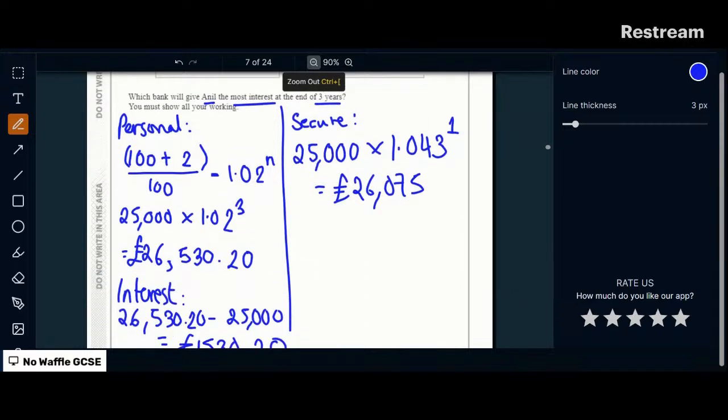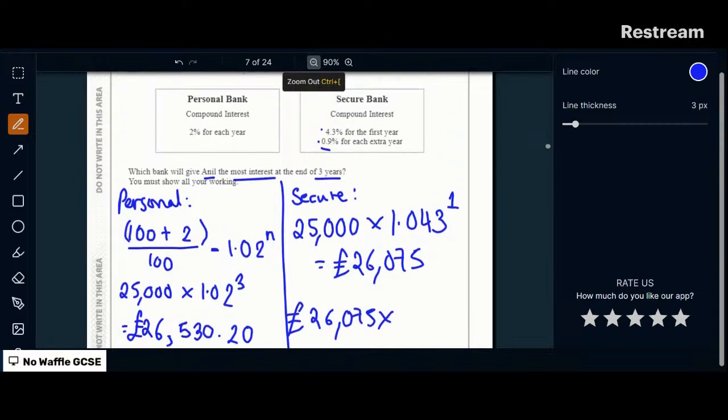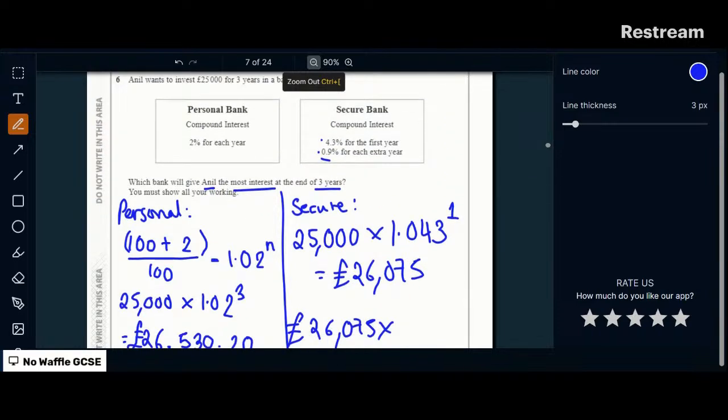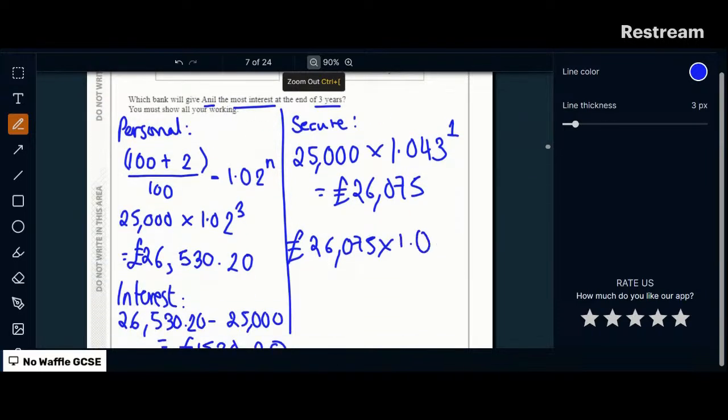And that is your value, and then you have your next 2 years, so you then do that value there, 26,075 times the next bit of interest, which is 0.9%, so 1.009 to the power of 2 because it's 2 years. And then that way you should get £26,546.50.